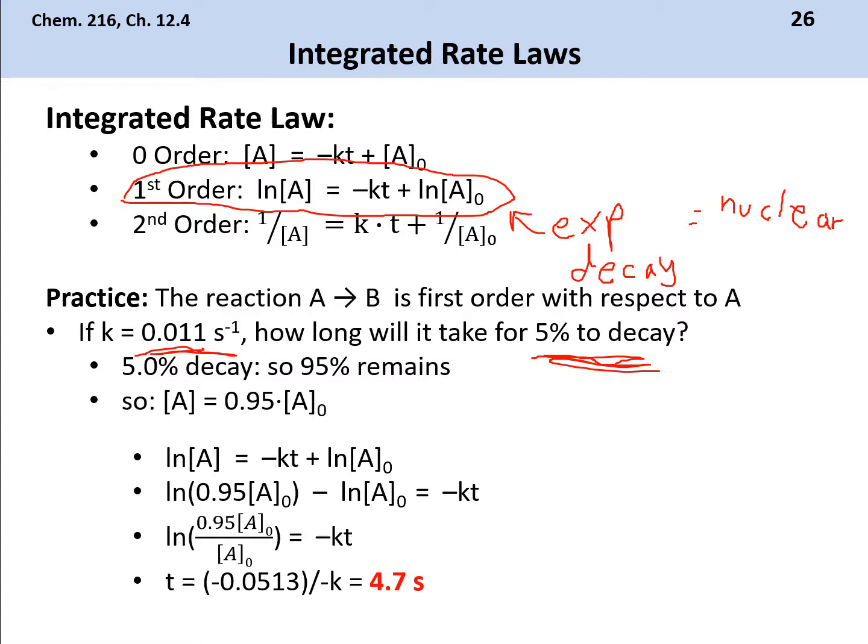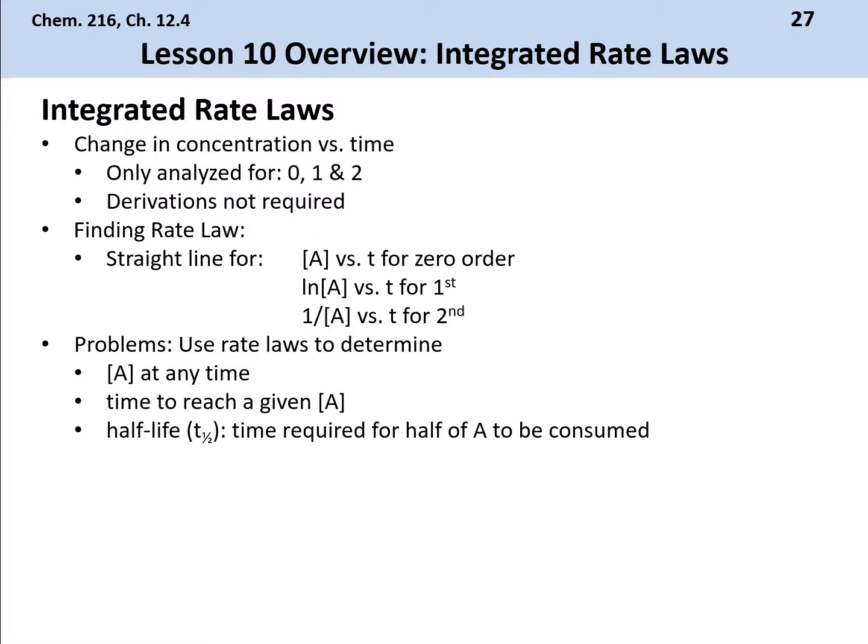All right, so in lesson 10, we talked about integrated rate laws. Integrated rate laws can be used for two things. We can use them to determine the rate law. If I plot A versus t, that'll be zero order if it gives me a straight line. ln A versus t will give me a straight line for first order, and then 1 over A versus t will give me a straight line for second order.